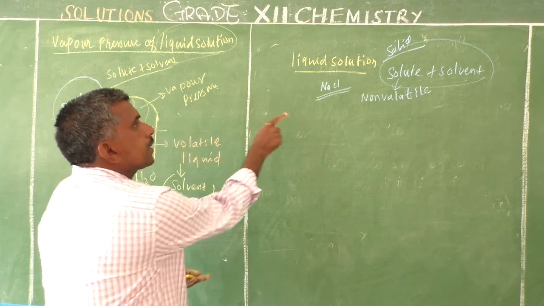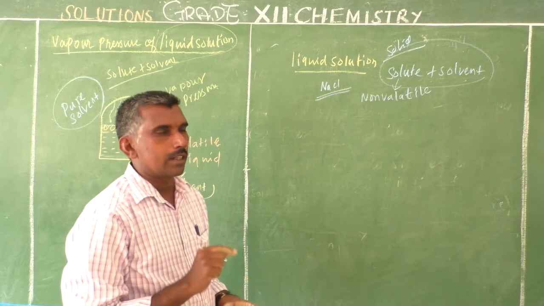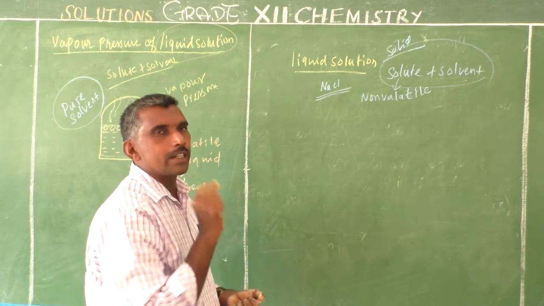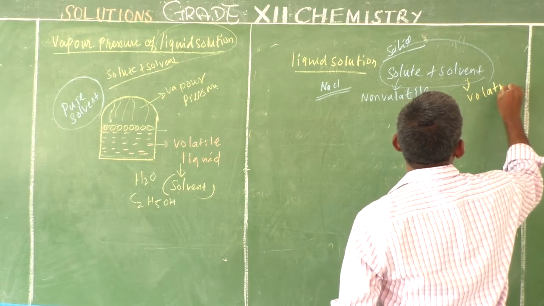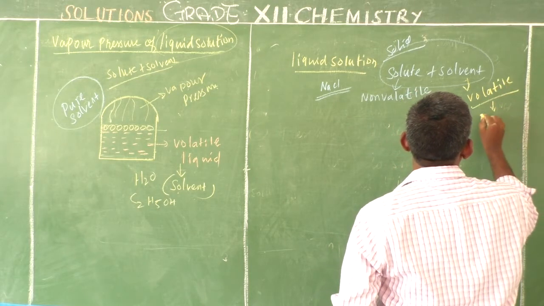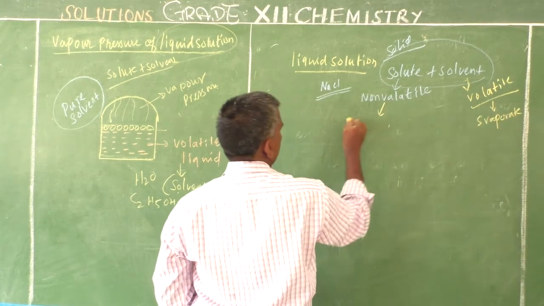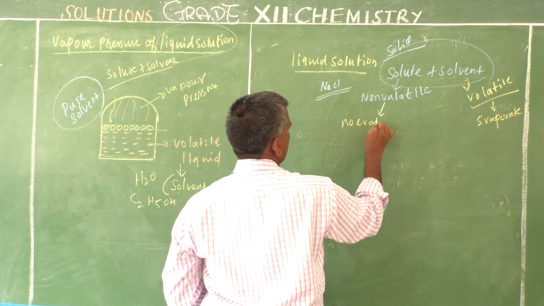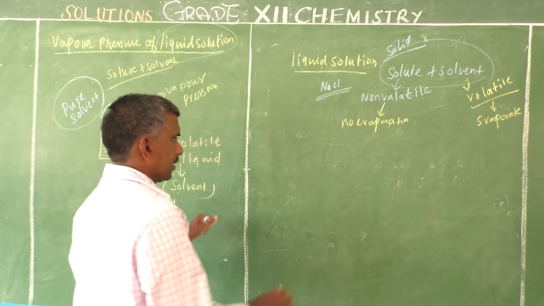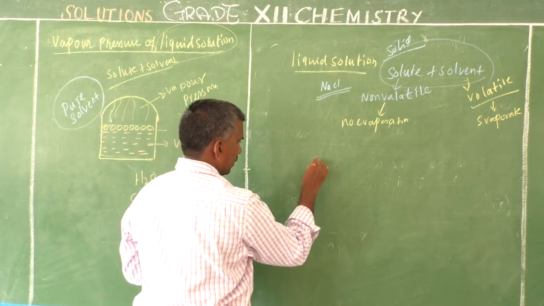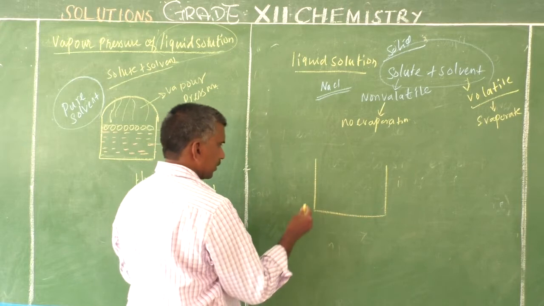In this liquid solution, the solute is compulsorily non-volatile and the solvent is volatile, so evaporation takes place from the solvent. Now consider the same beaker or any vessel.